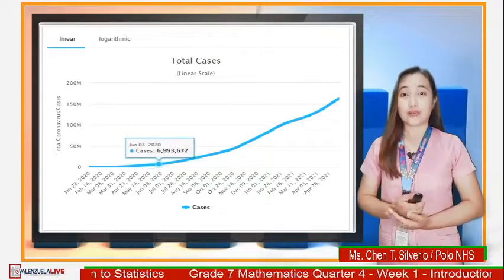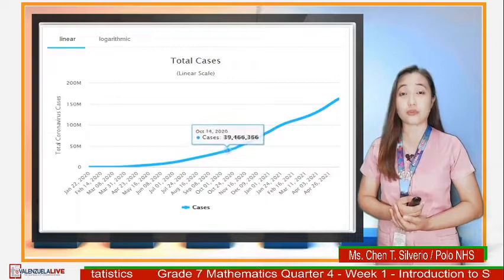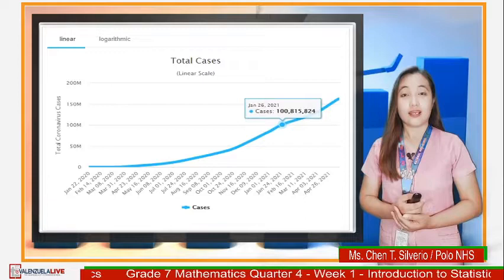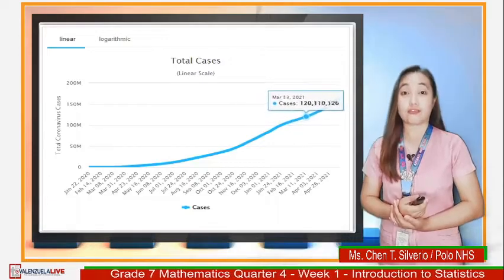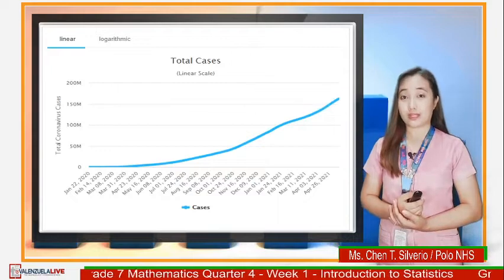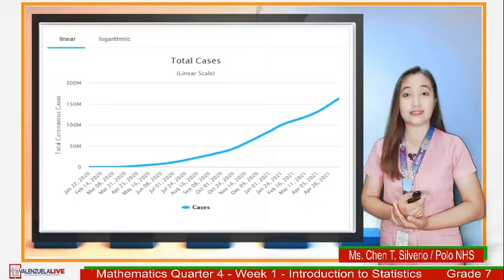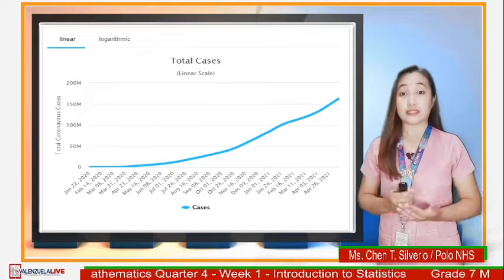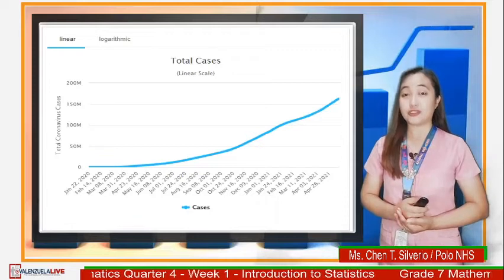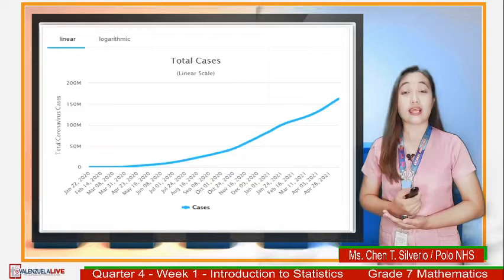And from the record of the World Health Organization, starting January 22, 2020 up to April 26, 2021, the total number of people infected with COVID-19 has reached 162,532,756. And thanks to statistics, the World Health Organization has collected and recorded the data in an efficient and precise way.